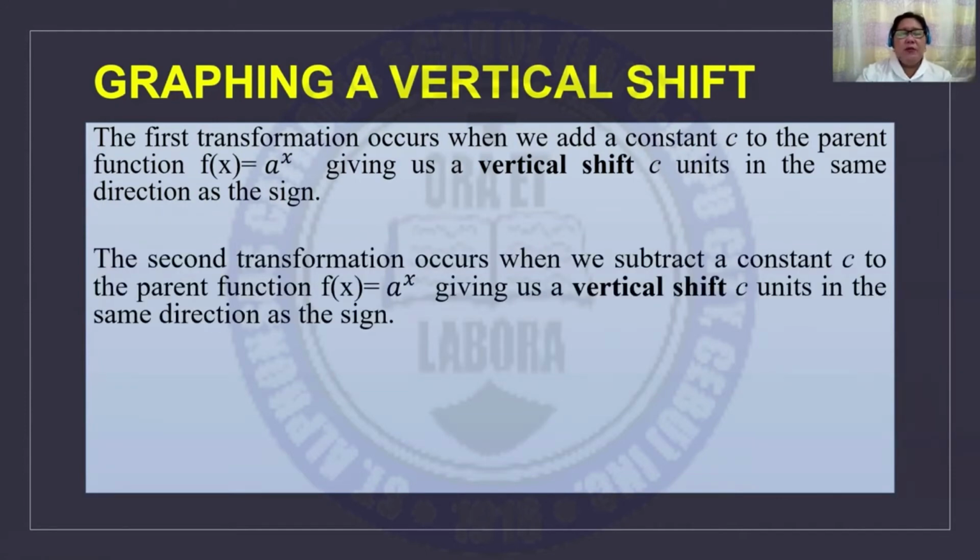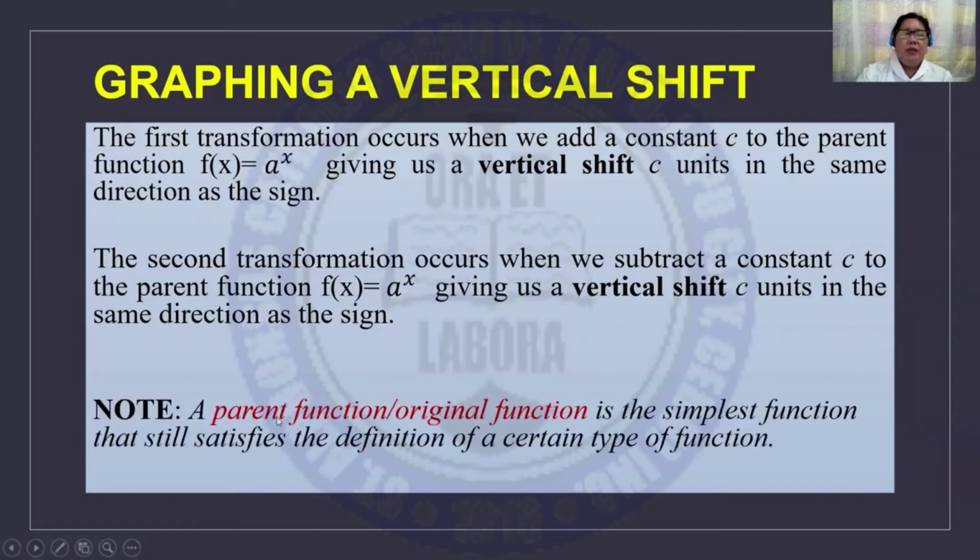The second transformation occurs when we subtract a constant c from the parent function, giving us a vertical shift c units in the same direction as the sign. Take note, a parent function or original function is the simplest function that still satisfies the definition of a certain type of function.